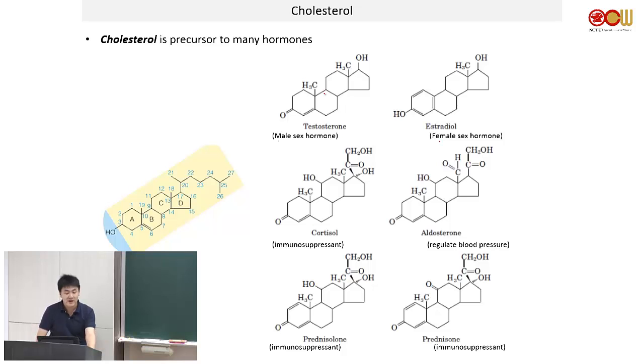This is one of the reasons why we don't encourage children that are too young to eat too many things that have cholesterol, because it will stimulate premature puberty. This is one of the reasons, right?